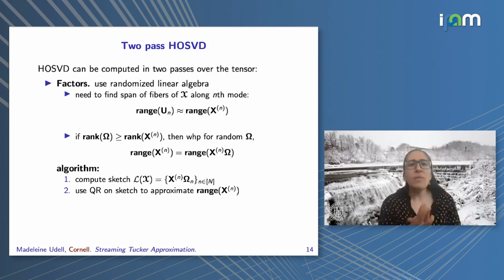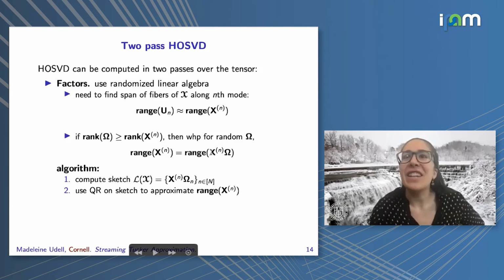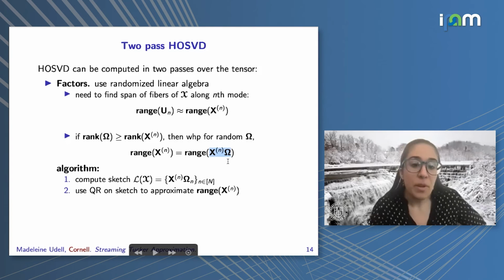Okay, so the algorithm is compute a sketch. And the sketch is going to be exactly this, the unfolding contracted with omega. And then I'm going to use a QR factorization on the unfolding times omega in order to compute the range of its columns. And that's a good approximation for the range of the nth unfolding.